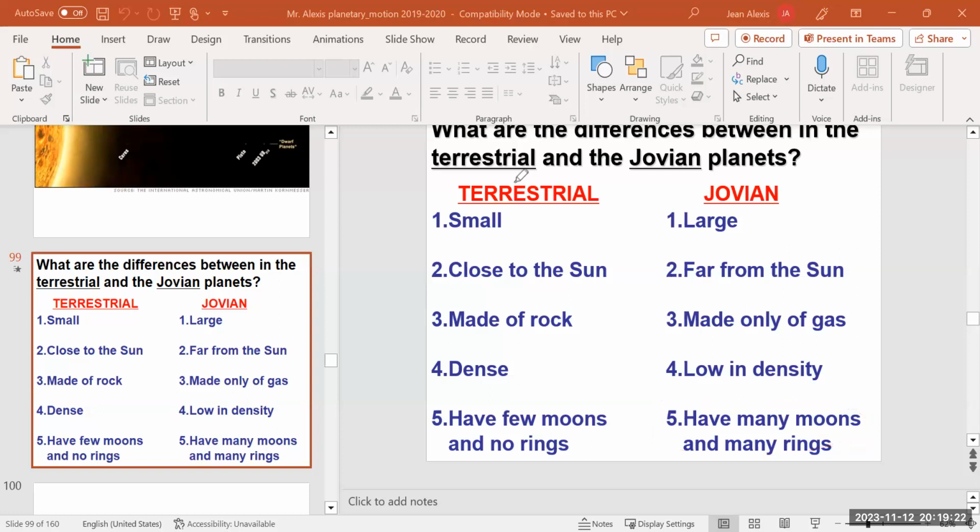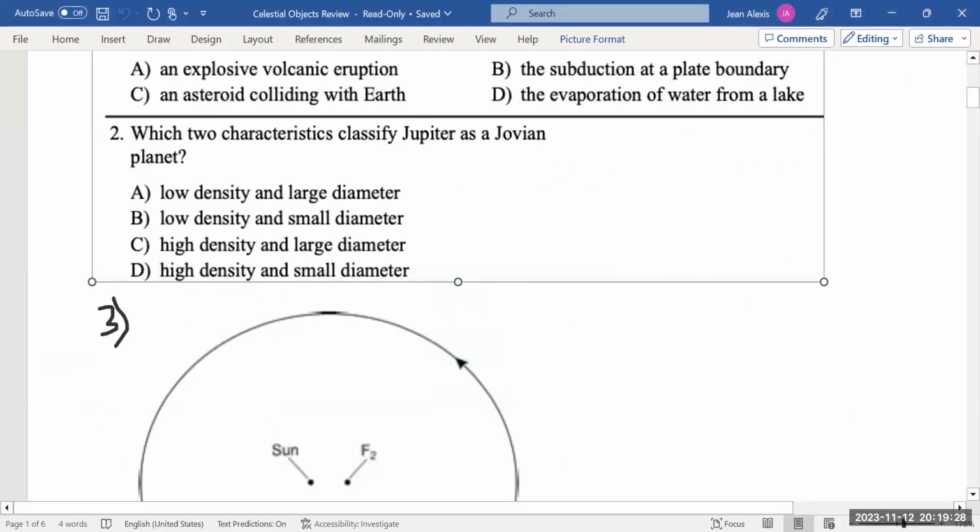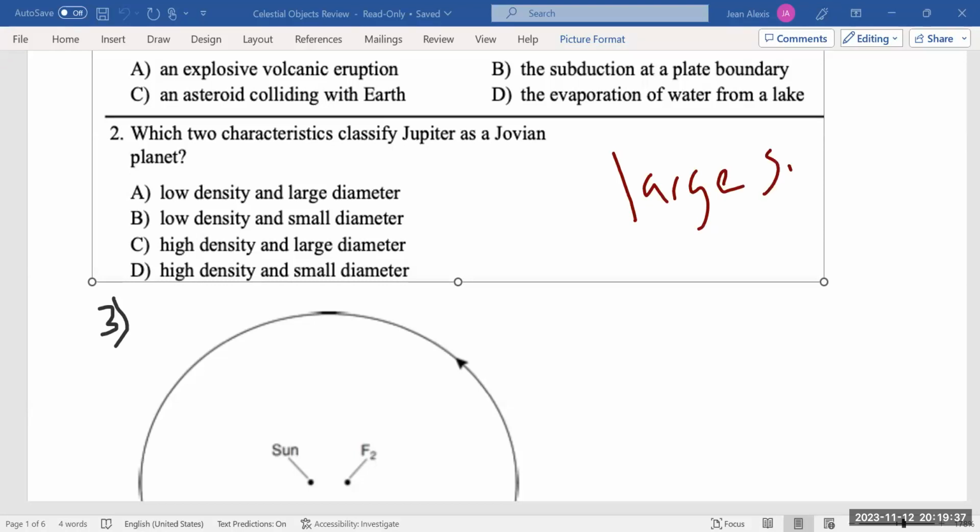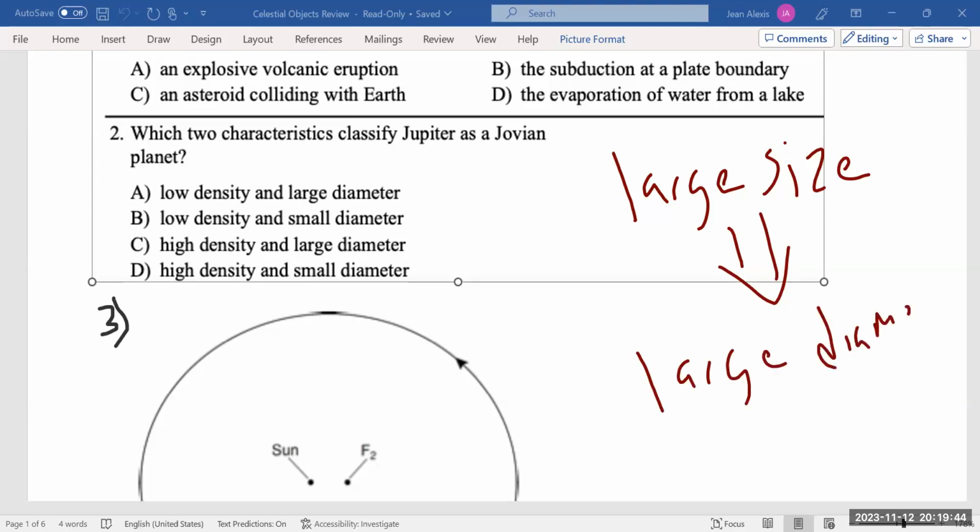And so when we go back to the problem, we know that if you're a planet that is large in size, that also means that you have a large diameter. Diameter speaks about the measurement of width. So large size means large diameter.